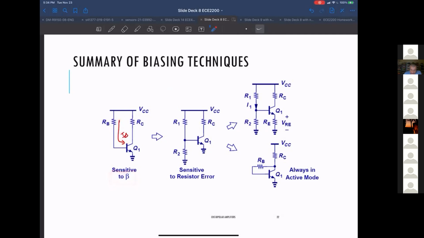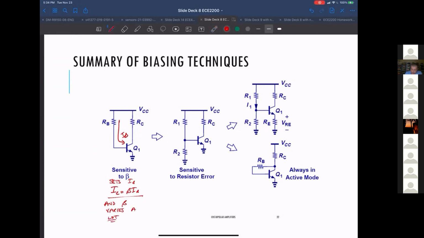So basically what this does is it puts a certain current into I sub B, but then I sub C is beta I sub B. Okay, so this sets I sub B. I sub C is beta I sub B, and beta varies a lot.